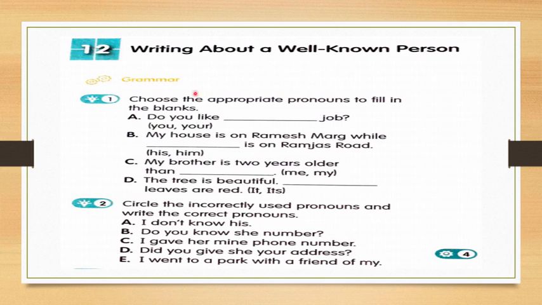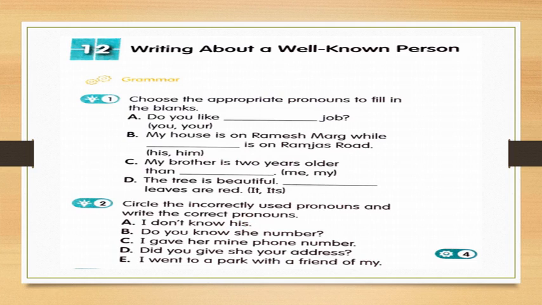Writing about a well-known person. This is the 12th category of the sentences. Grammar. Choose the appropriate pronouns to fill in the blanks. Do you like that job? Do you like you job or your job? It's your job. Correct? Circle the incorrectly used pronouns and write the correct pronouns. I don't know his.